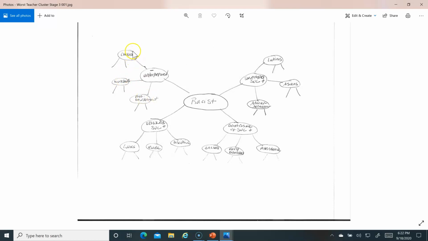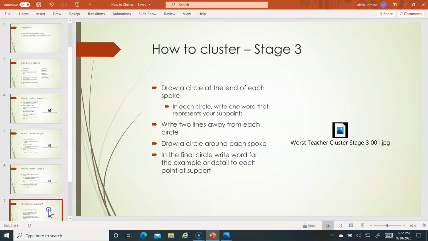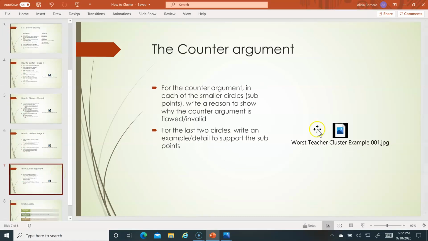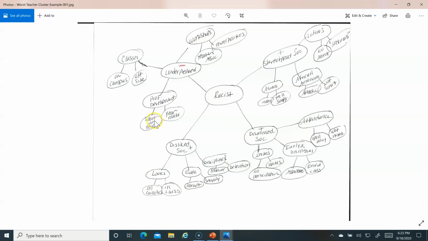So in addition to drawing these 3 circles, we need to draw 2 lines out of them, okay, for each one. If you notice, each one has 2 lines. And then at the end of that, we're going to draw another small circle. The last circles that we needed to fill in. And for each one of these circles, those are the examples that support each one of these points.